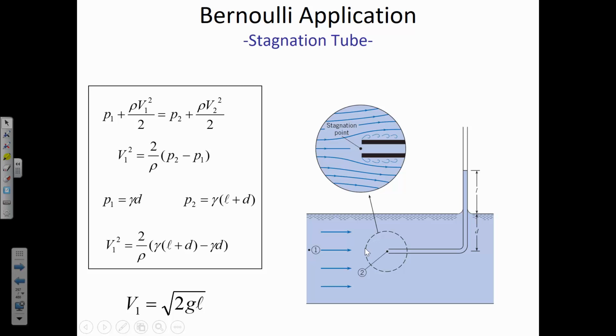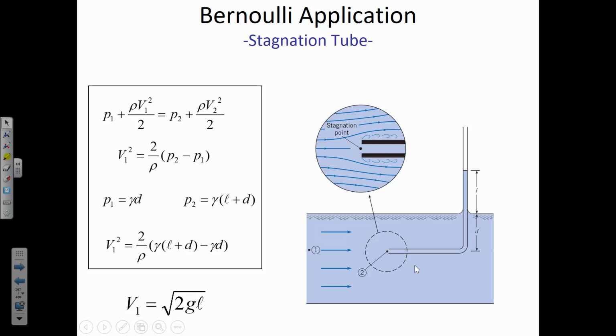Now this only works as long as the opening is pointed at the flow itself. If this tube terminated, I wish I could write on the screen. Let me do it this way. What if the tube looked like this? And here's the opening. It's pointing down.